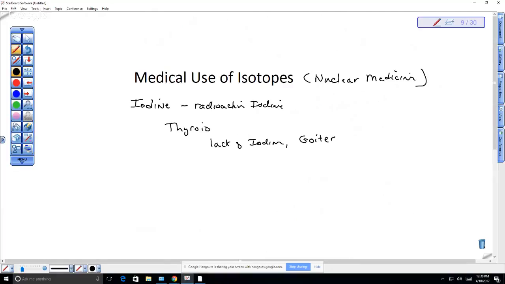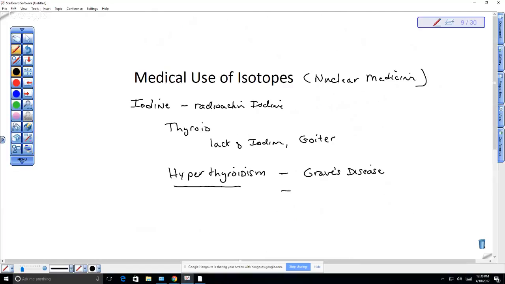Sometimes radioactive iodine is used to destroy the thyroid gland. So for example, if you have hyperthyroidism, this means that you're producing too much hormone, and this is sometimes referred to as Graves' disease. And it's relatively common.